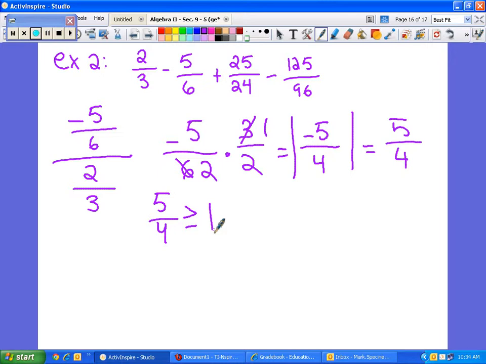Since 1.25 is greater than or equal to 1, we write that the series diverges. And we are done, because a divergent series does not have a sum. Because it's going to keep getting bigger and bigger and bigger forever and ever.